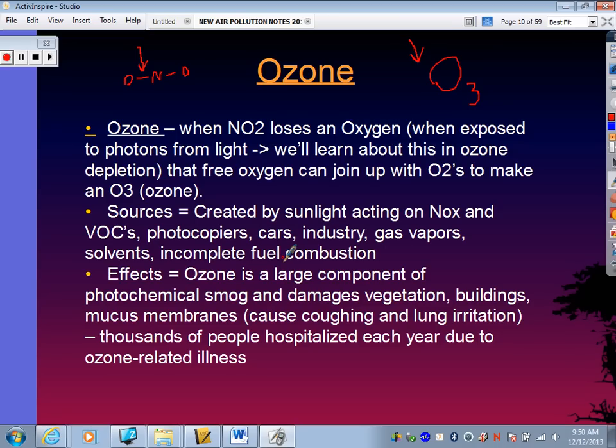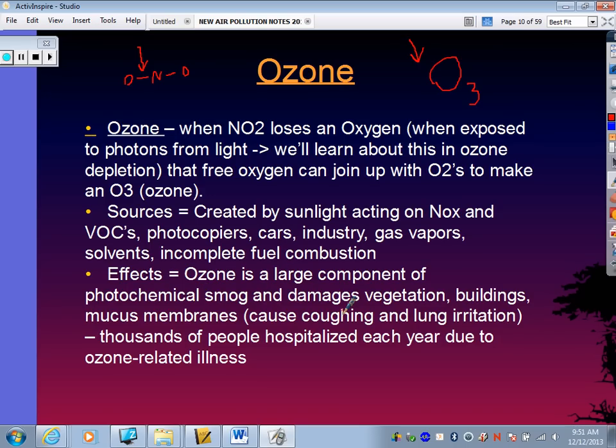So in incomplete combustion, a lot of times you see carbon dioxide, water vapor, and any other products that weren't completely used up during the reaction. We see that with cars, factories, all that sort of thing. It's called incomplete fuel combustion. Okay, effects from ozone.